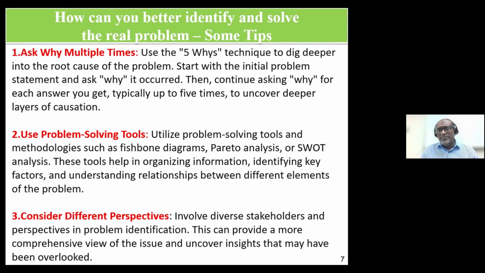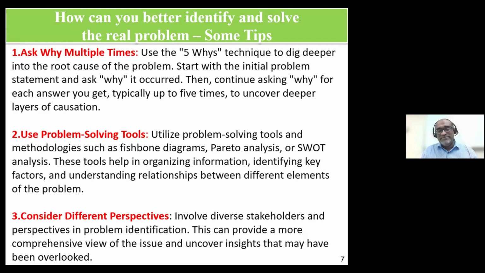If you ask the operator, he might say it's not working because it has not been maintained very well. If you ask the owner, why isn't the machine working? He may say, oh, we do not have enough money, nor do we have enough budget to maintain the machines, right? So from an operator's perspective, it is not being maintained properly. The parts are old, and the new parts have not been replaced. But from the owner's perspective, it is, I do not have enough money to do this, right?